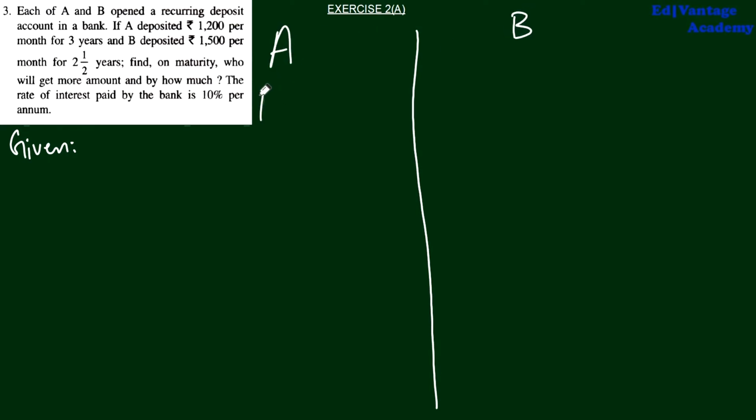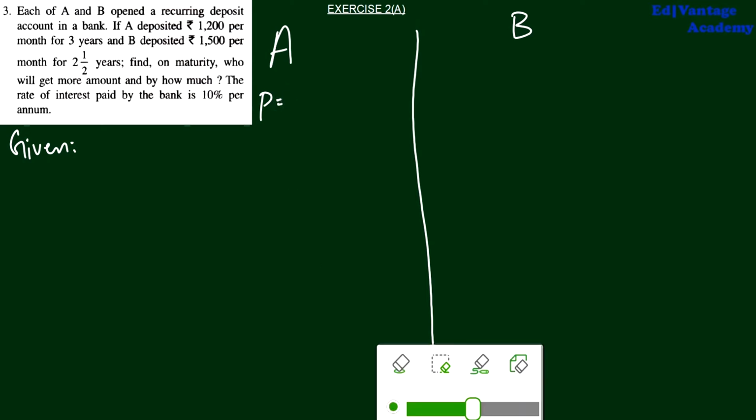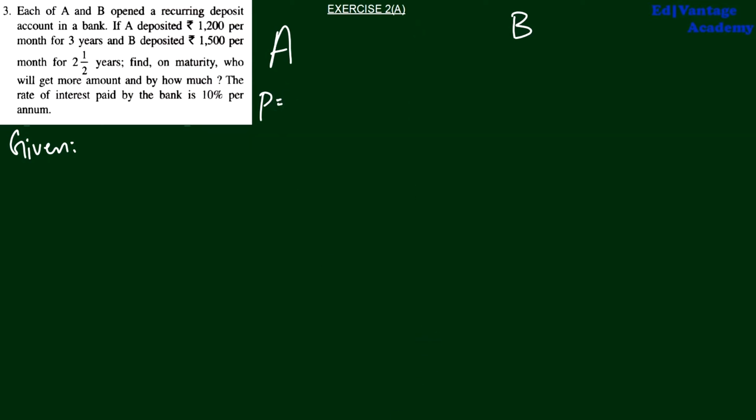What is the principal for A? 1200. And for how many months is he depositing? 3 years. When you convert into months, 3 into 12, that's 36 months.